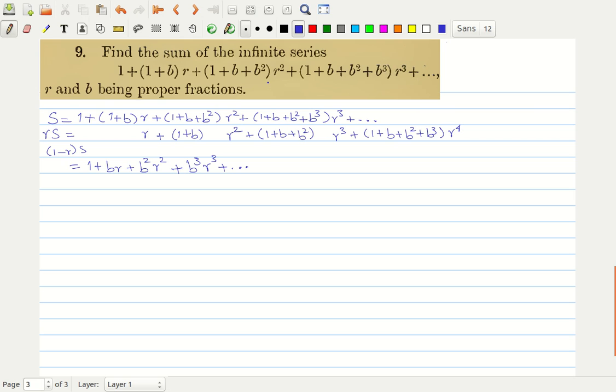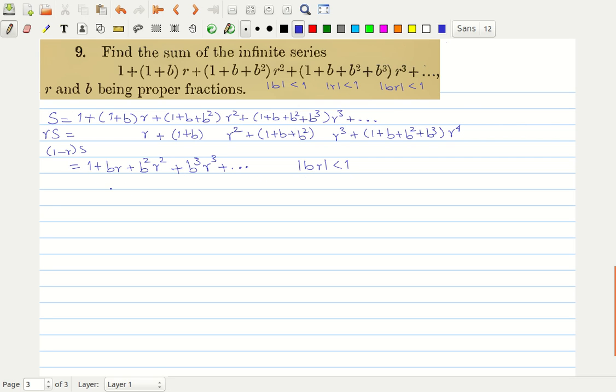So we know that absolute value of b is less than 1 and absolute value of r is less than 1. So absolute value of b times r is also going to be less than 1, and because it is less than 1 we can sum this geometric series for infinite number of terms.